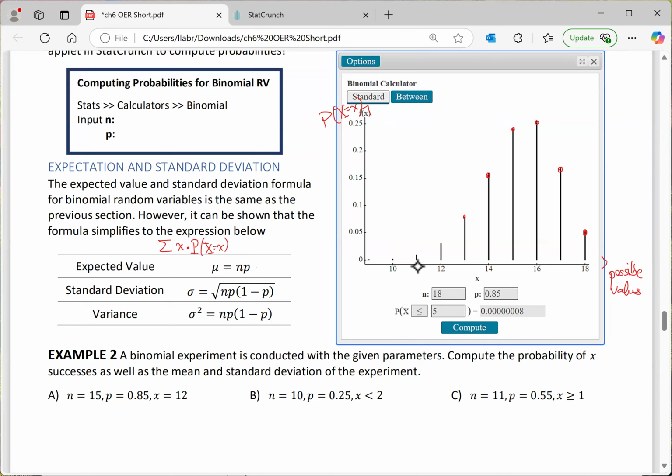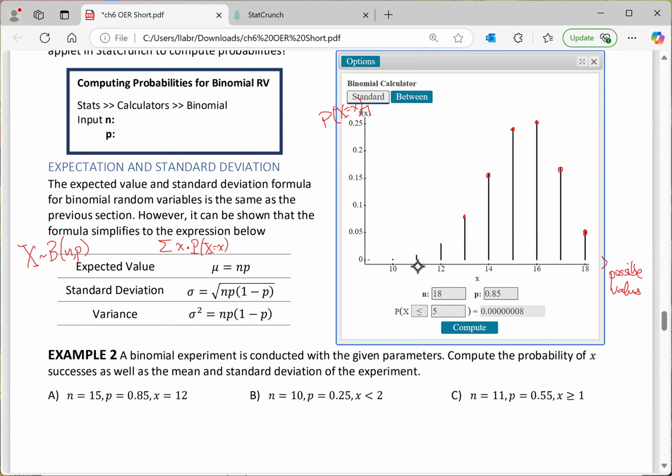It turns out that because of the probability formula that we had, which we're not using because we're using StatCrunch, that all simplifies to simply n times p. You can show this mathematically: if x is a binomial random variable, n comma p, then the expected value is simply the product of n and p, and the standard deviation is the square root of the product of n, p, and 1 minus p.